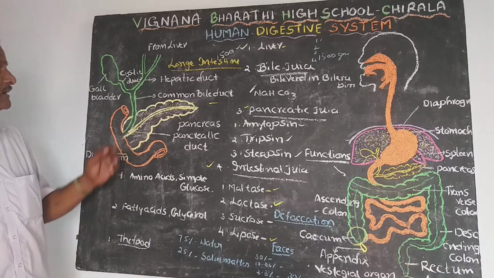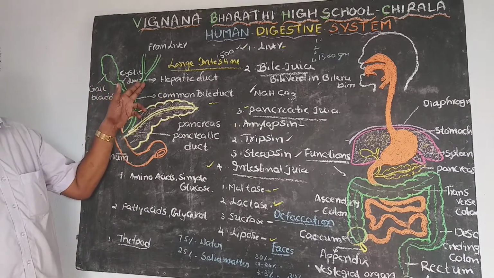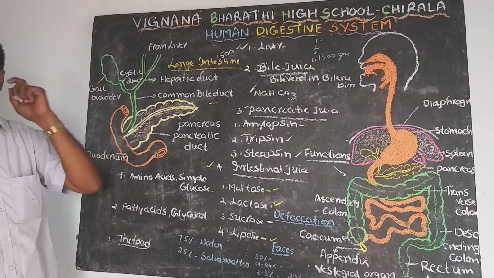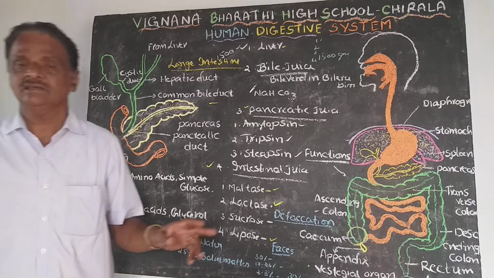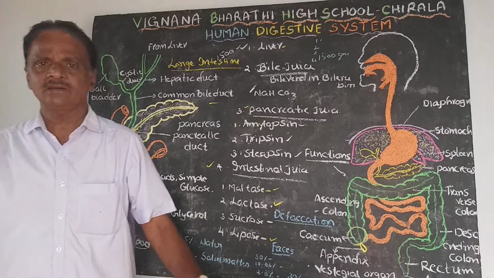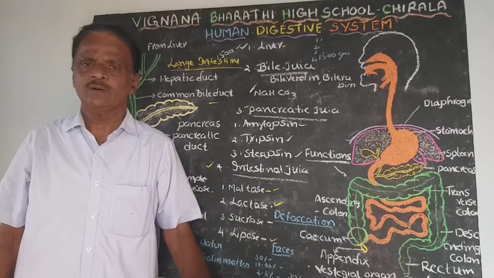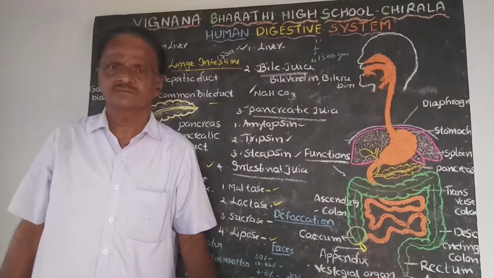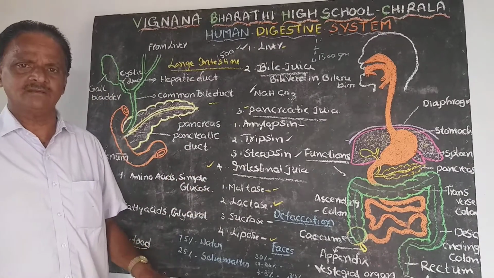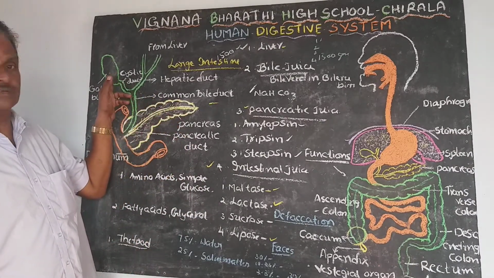The hepatic duct joins with the cystic duct and opens into the common bile duct. The bile juice flows into the duodenum, or is temporarily stored in the gallbladder.